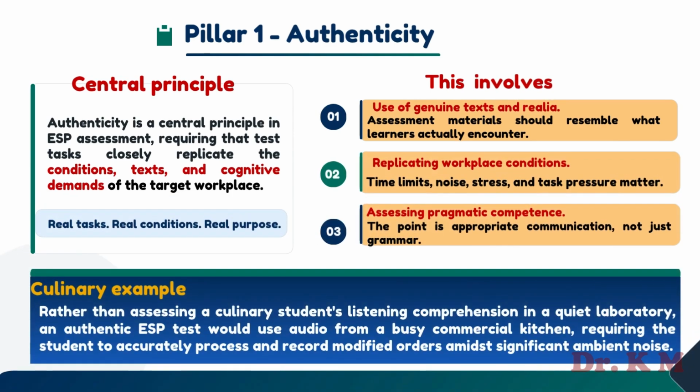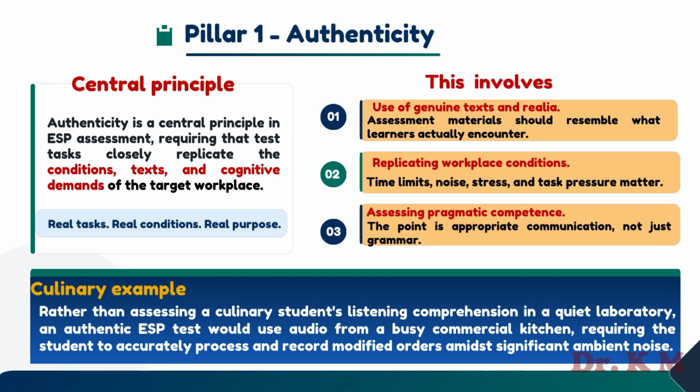Authenticity is a central principle in ESP assessment, requiring that test tasks closely replicate the conditions, texts, and cognitive demands of the target workplace. This involves use of genuine texts and realia, replicating workplace conditions, time limits, noise, stress, assessing pragmatic competence, not just grammar.